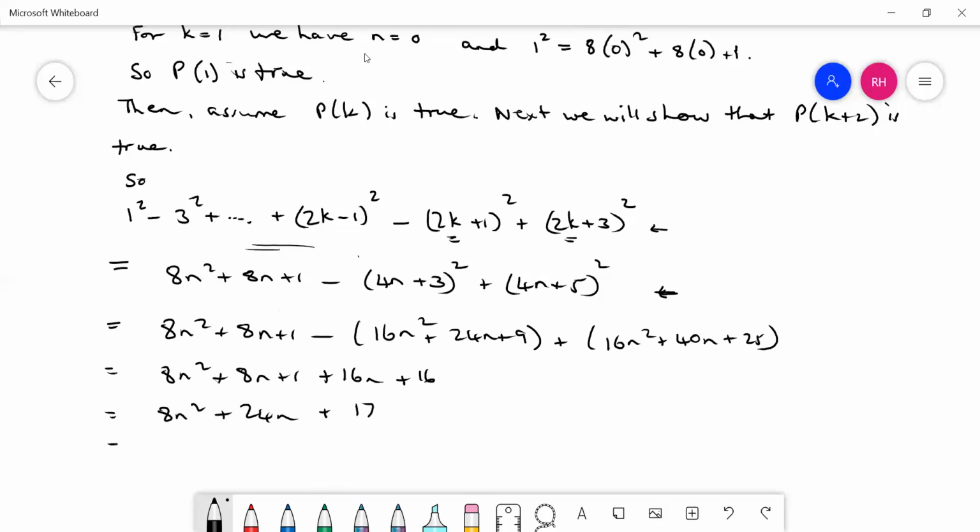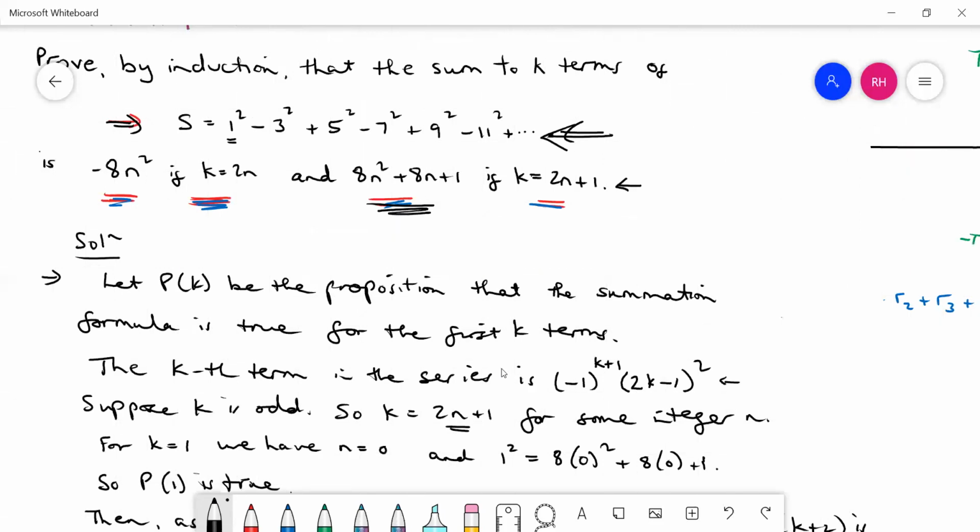And I know where this is heading. It's heading to what I want it to be, 8(n plus 1) squared plus 8(n plus 1) plus 1. So you can see here, this is now of the form that we needed from back here, this thing here.